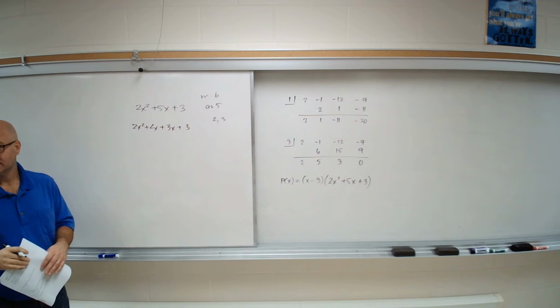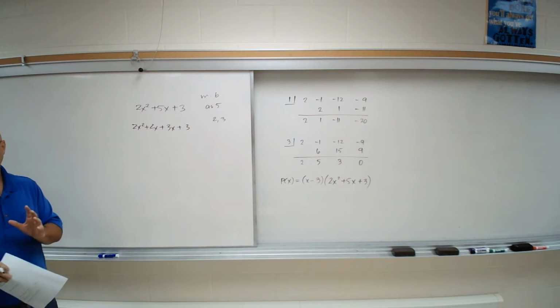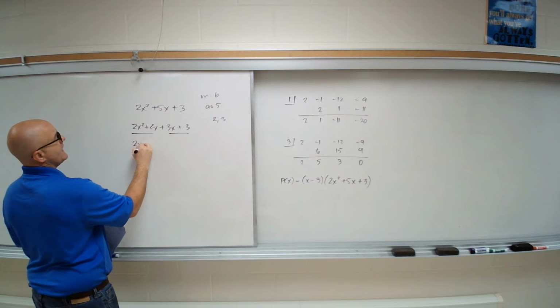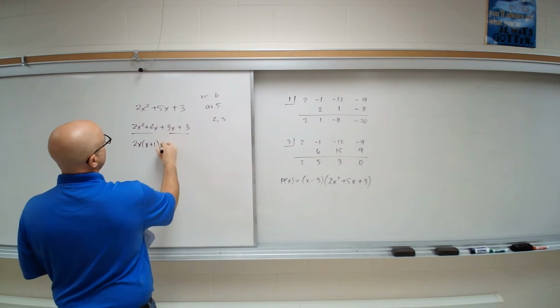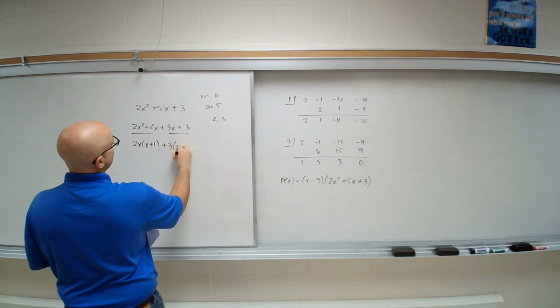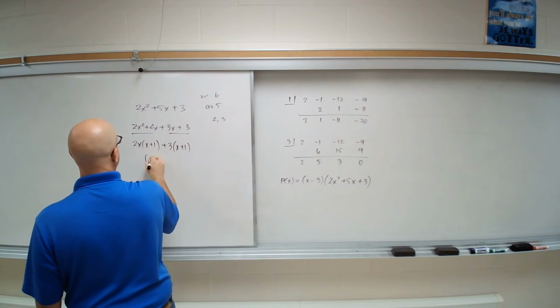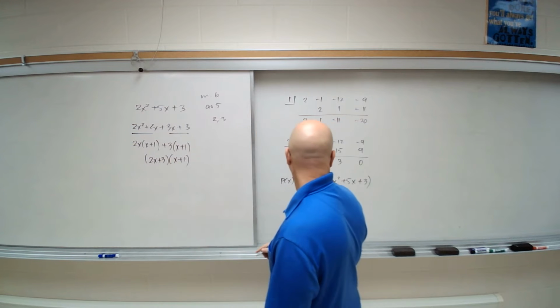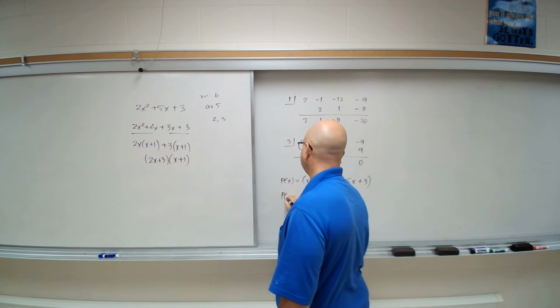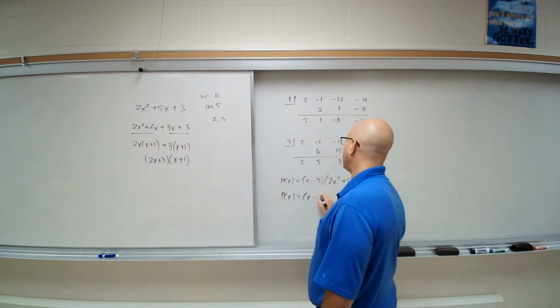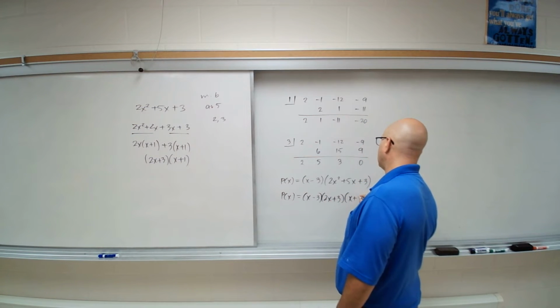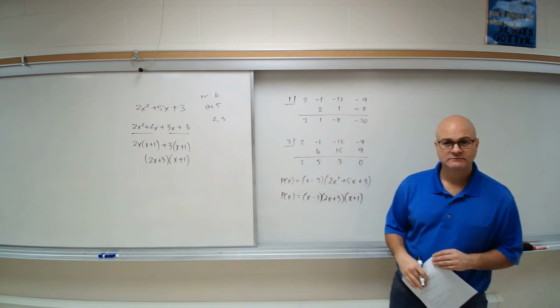Does that follow for everybody? Group them. So 2x(x + 1) + 3(x + 1). We get (2x + 3)(x + 1). So (x - 3)(2x + 3)(x + 1).